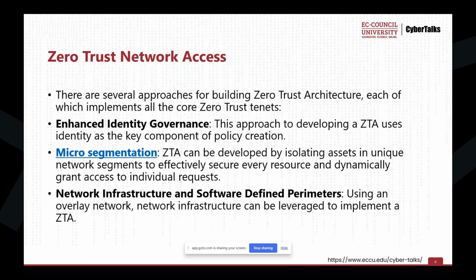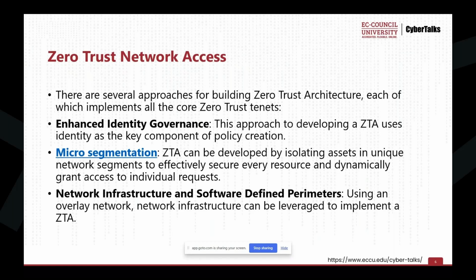So you start developing your IGA in accordance with your overall IAM framework that you may have deployed in your organization, but IGA also will help you align that with the zero trust and give you that governance layer which you need to achieve.